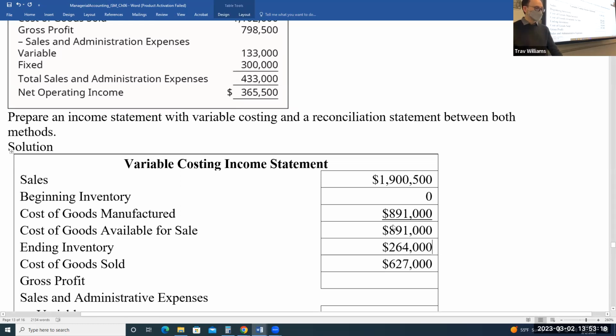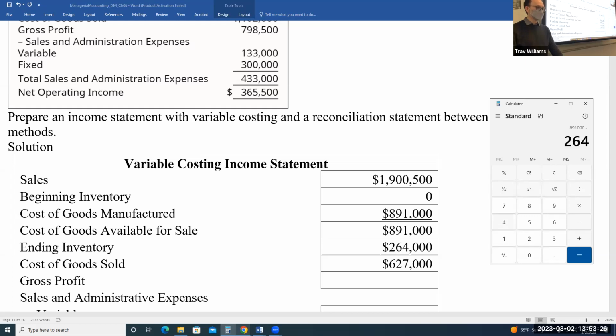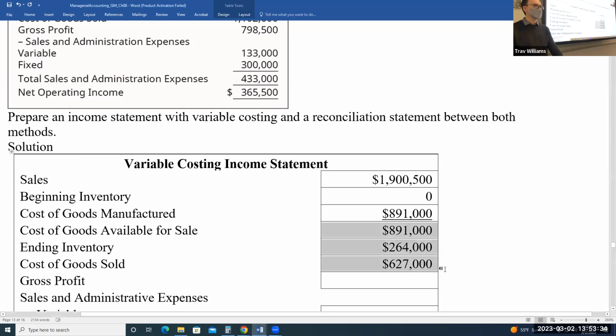And then to check that, we can just subtract here our total cost of goods available minus what's in ending inventory is our cost of goods sold. Okay. Does anyone have any questions on that so far?